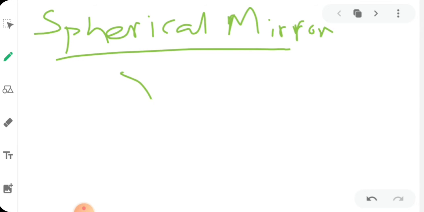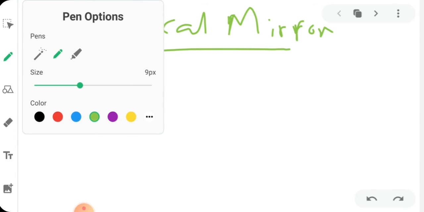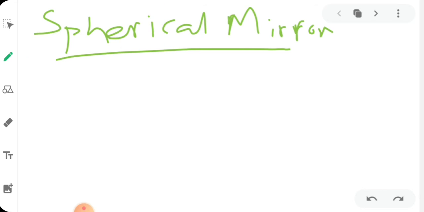Suppose this is a surface itself over here, and on this surface it is a reflecting one, and a part of a hollow sphere of glass.